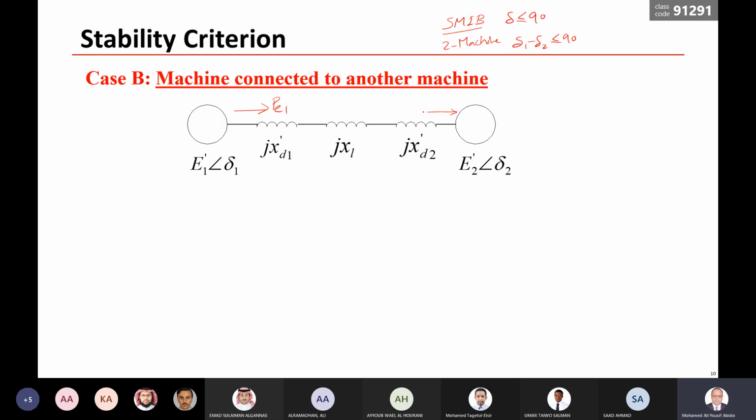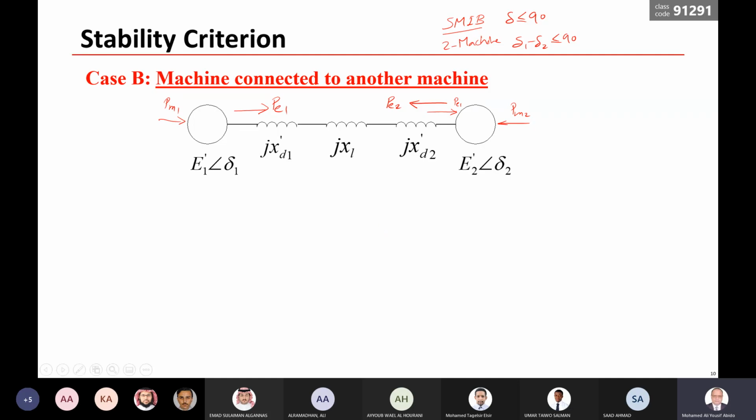So this is PE1, this is PE2, so PE1 equals minus PE2. The mechanical power, P mechanical 1 and P mechanical 2, will also be equal and opposite.